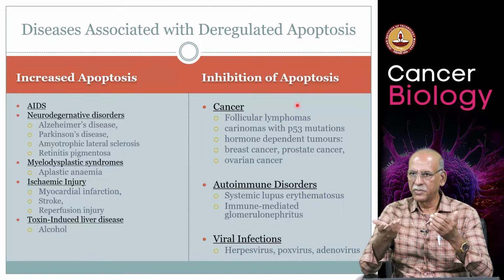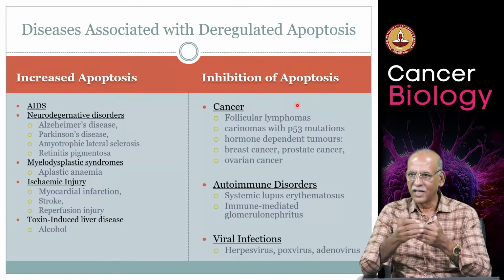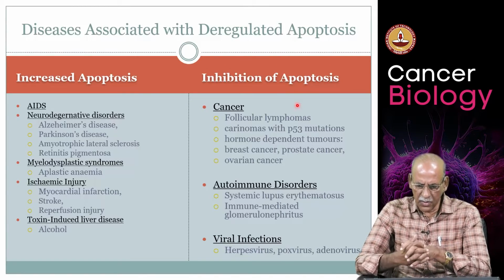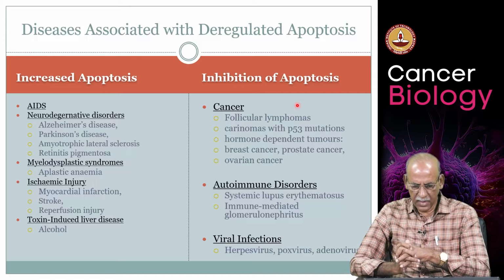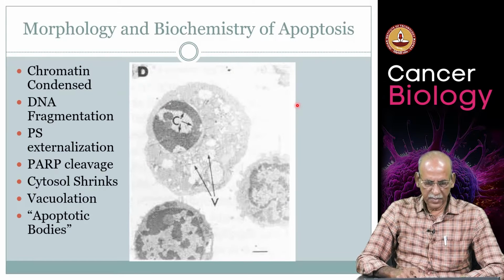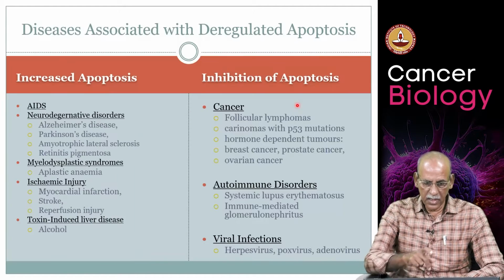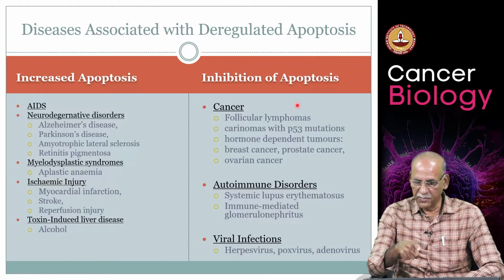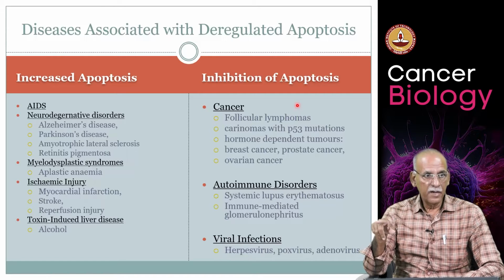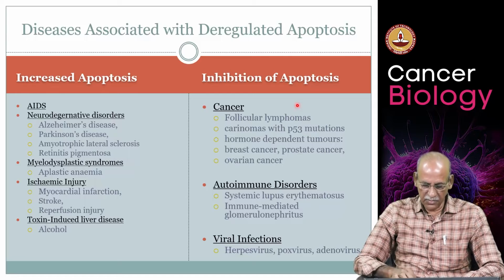I told you anti-apoptotic genes are more or less like oncogenes. So, in autoimmune disorders and certain viral infections, you have inhibition of apoptosis. I think you should not get confused with the inducers of apoptosis with this. In these conditions, there is increased apoptosis or decreased apoptosis. So, that you have to understand.